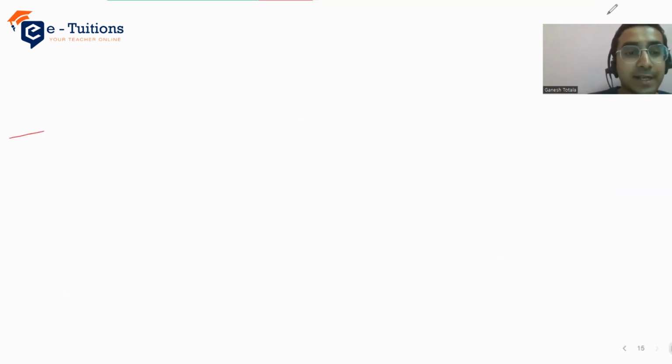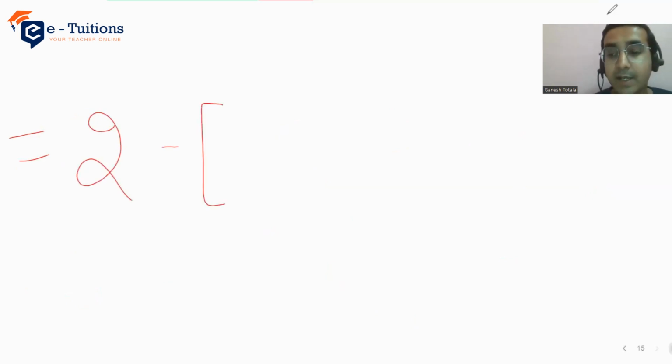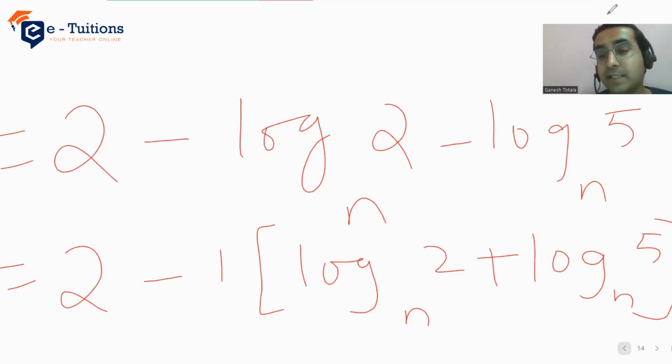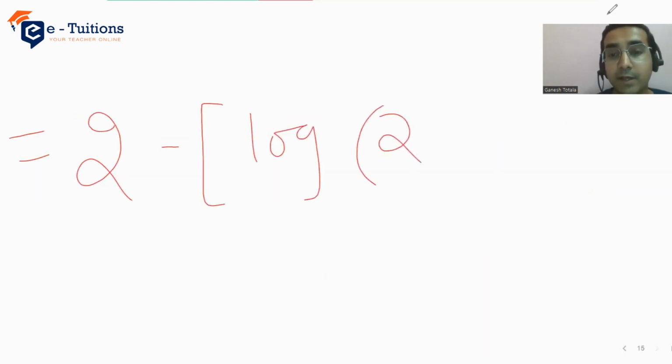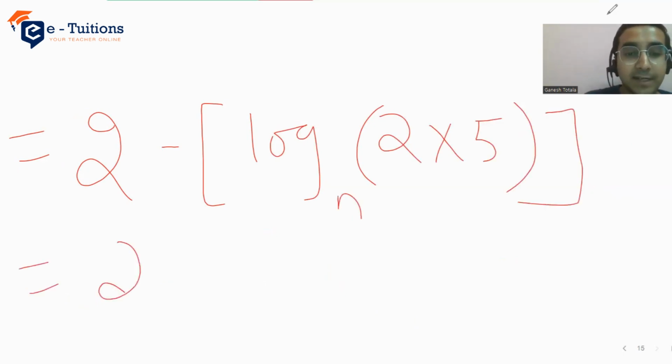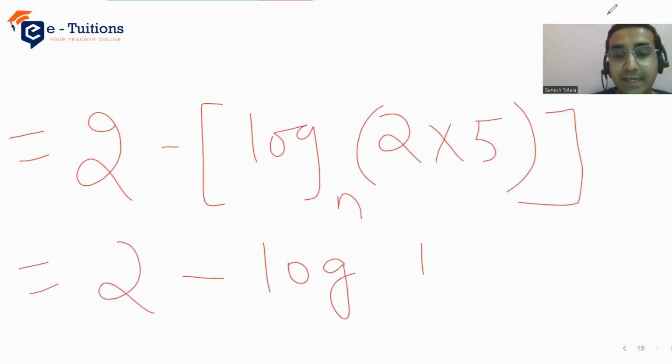So this I can write as 2 minus. Now using the rule, log a plus log b is log ab, this will be log of 2 into 5 to the base n. So this I can write as 2 minus log of 10 to the base n. Now again here we have a constant quantity.